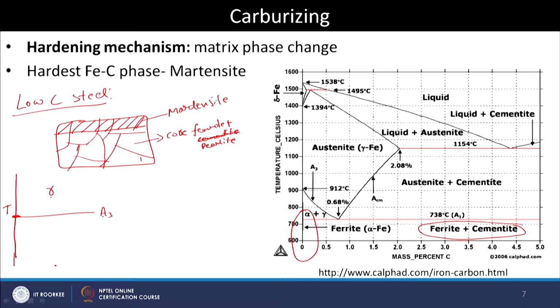We take this sample to this region, and then we introduce the carbon into the surface region.